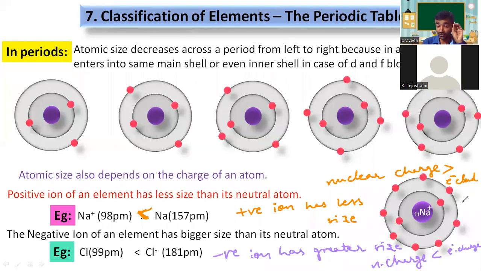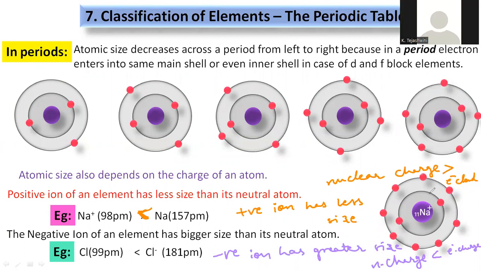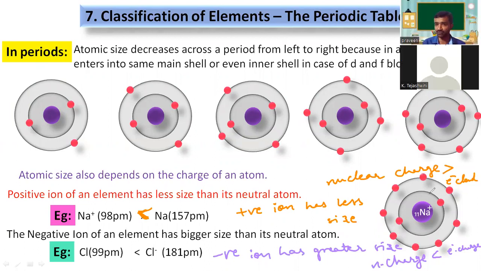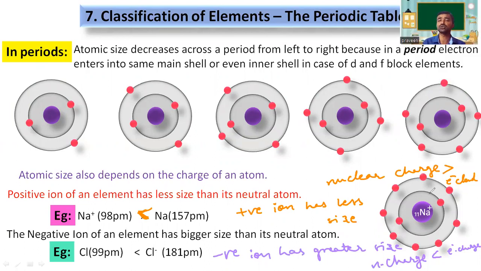You just need to observe these by taking the number of shells around the atom and around the ion, with the number of electrons in the valence shell. Are you clear about this or not? You need to understand this clearly. If you understood this very well, it is very easy to answer that question even in your textbook.